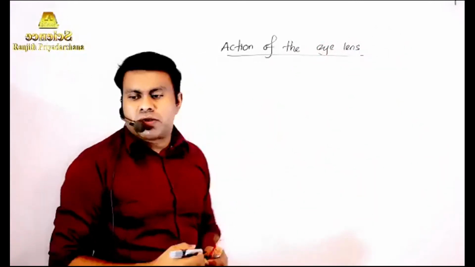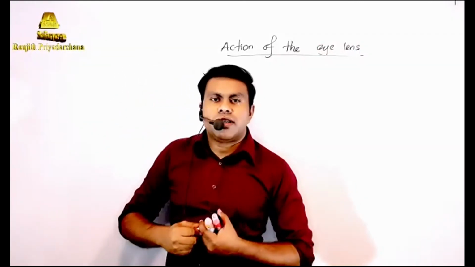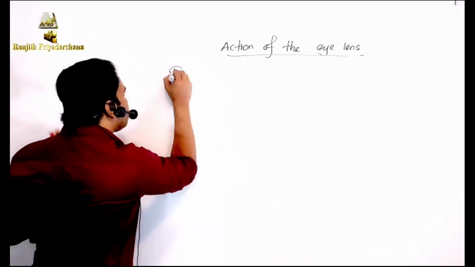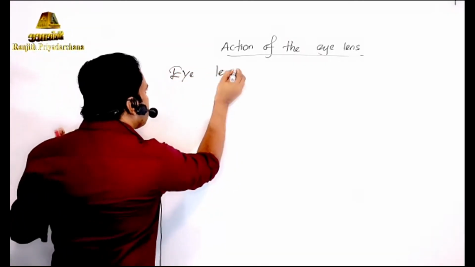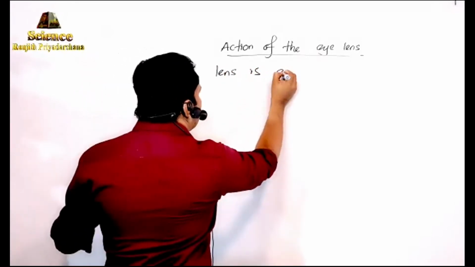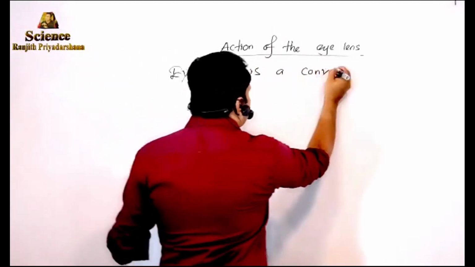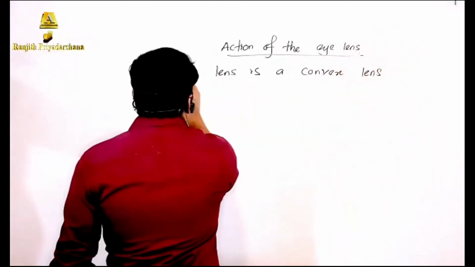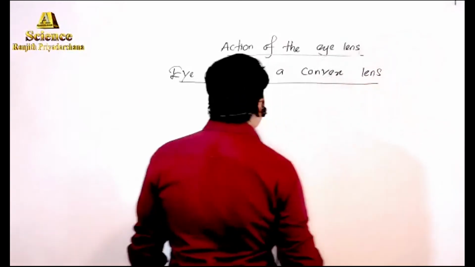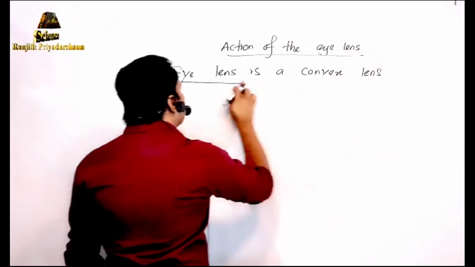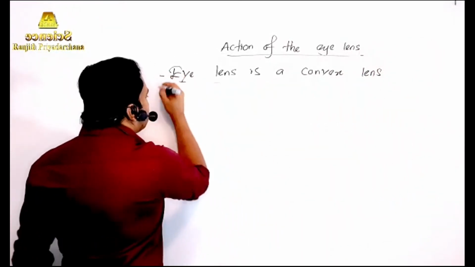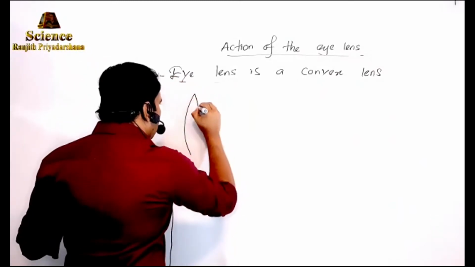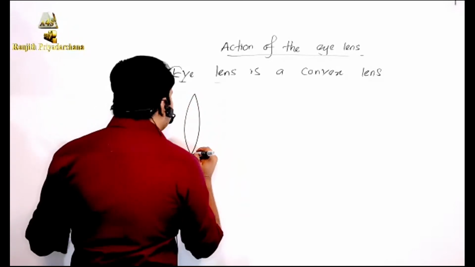Okay, take down. Eye lens is a convex lens. Take down the first point. Eye lens is a convex lens. Okay, that's the first point. Yes, what's the function of a convex lens?